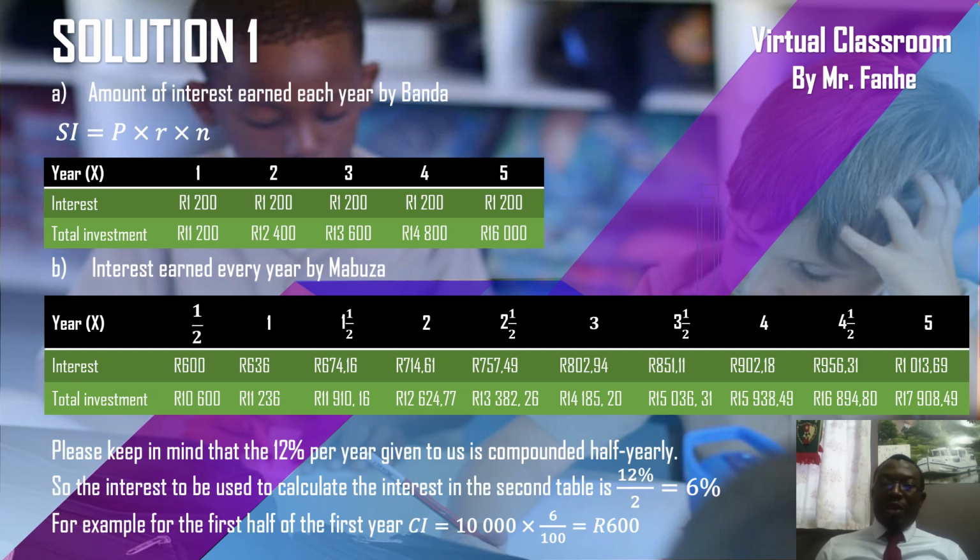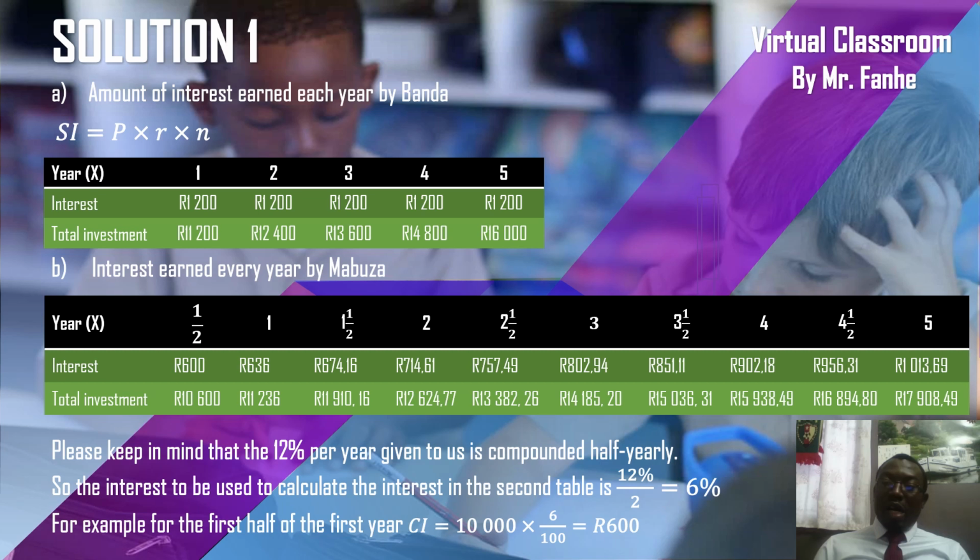We get 11,910.616. Then that is what we are going to do up to the end of year 5 to get 17,908.49, and that is our total investment after year 5.